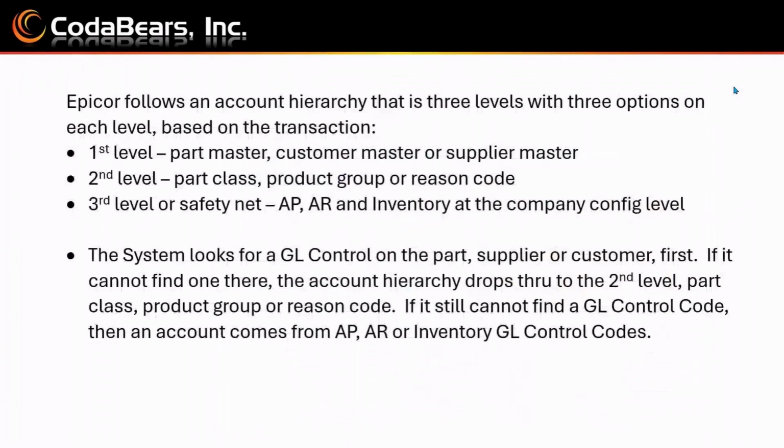This hierarchy, as basic as it sounds, is really the keys to the kingdom of how the system goes to find an account number based on the transaction. So that's 3 levels: first level part, customer or supplier; second level, part class, product group, and reason code; third level, AP, AR, and inventory. That's really the heart and soul of where the system gets account numbers from.